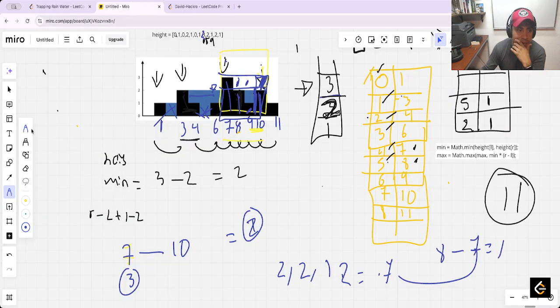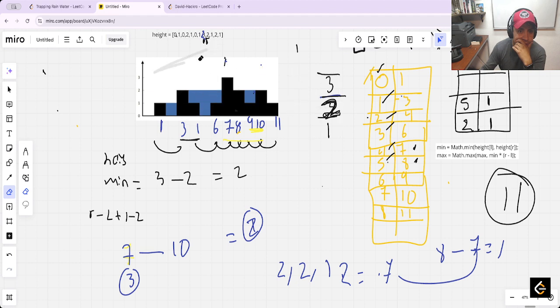No, but I'm thinking in this case, for example, this one is marked, okay. Now it's between this and this, and the greater is this.